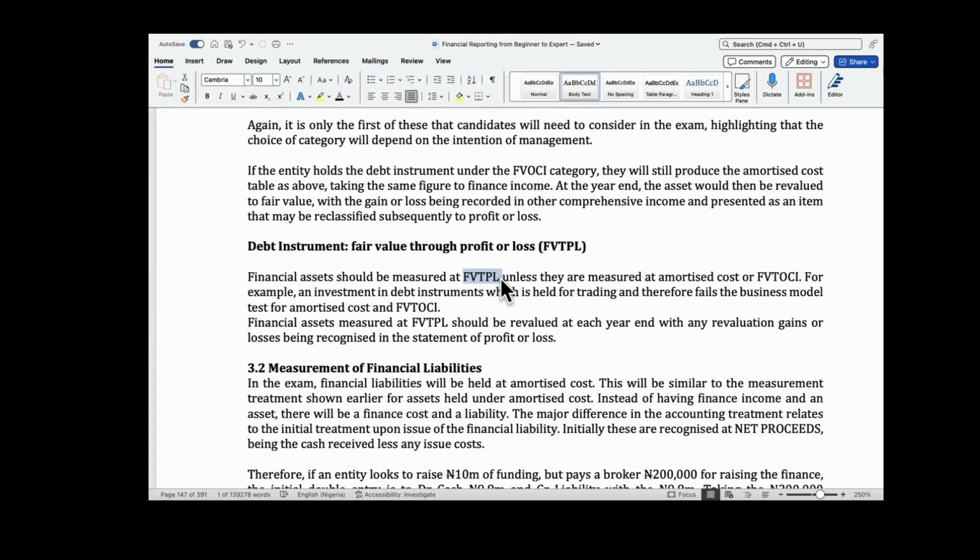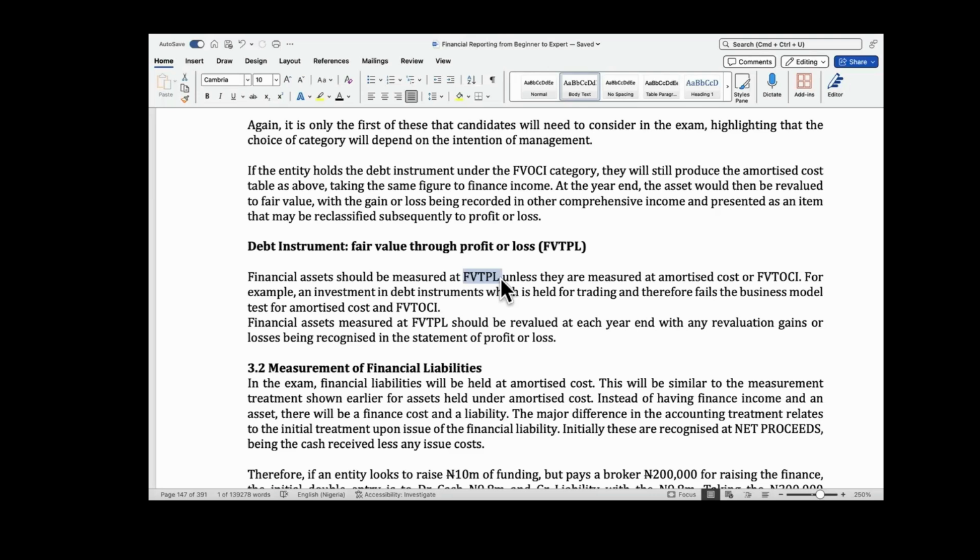And you see, aside from debt investment, even the one I told you under equity, fair value through OCI and those classifications, their basis is whether you're holding it for trading or whether you're holding it for the long term. It's possible that you don't know the intention of the company, but you still have to classify it. In such a case, you assume that they are holding it for trading. So you classify at fair value through P&L for equity.